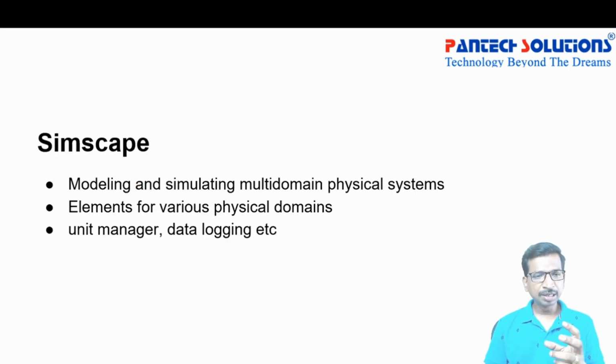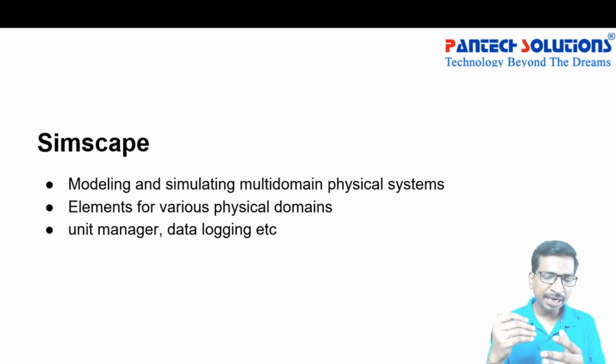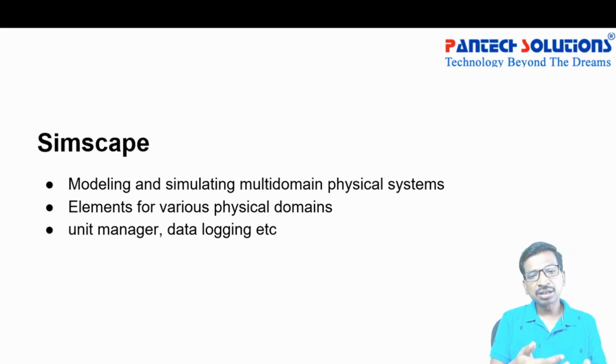And in Simscape, you have three different facilities. One is that you can model the components with a multi-domain physical system. Similarly, you can get output and do the analysis with the output. Similarly, you can model each and every physical component with multi-variable domains.